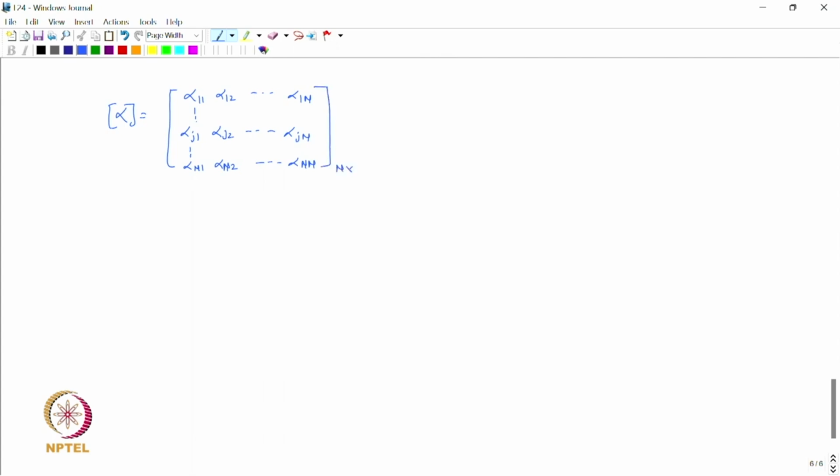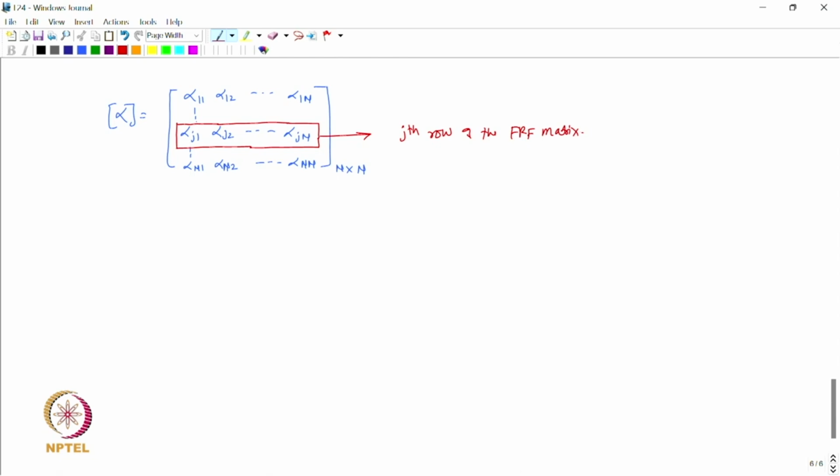So, this is the FRF matrix of order n by n. When we measure alpha jk with k varying from 1 to n, then essentially we are measuring the jth row of the FRF matrix.